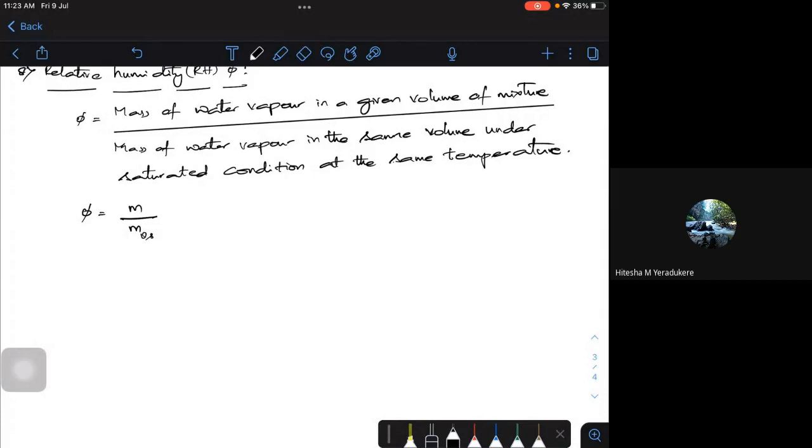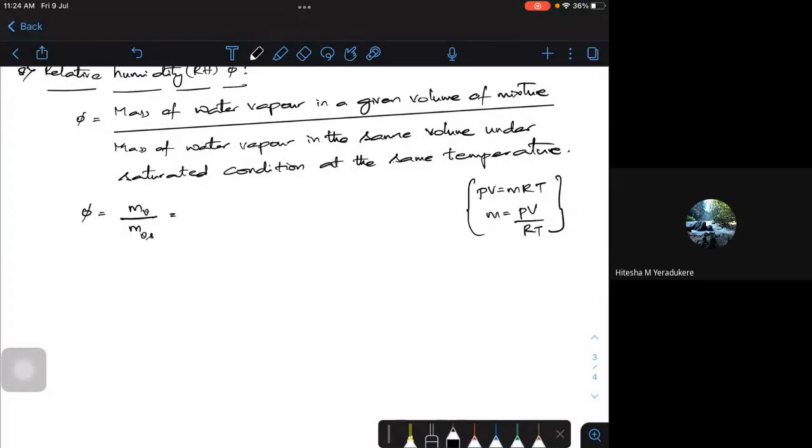I'll be using this equation, that is PV is equal to MRT, or M is equal to PV by RT. This equation we know. So wherever you have mass, I will write it in terms of PV by RT. So MV is the mass of water vapor, and in the denominator is the saturated condition, in the numerator it is simply any given condition.